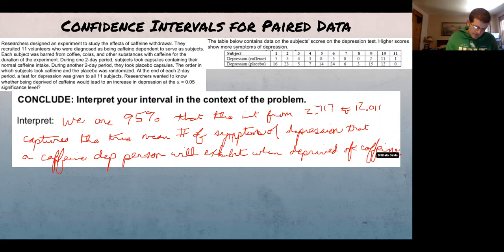The true mean number of symptoms of depression that a caffeine dependent person will additionally exhibit, because they're going to show maybe some signs on their own, but this is going to say how many more. Okay, and that's one of the central ideas behind this method.